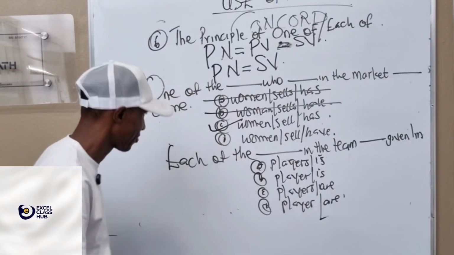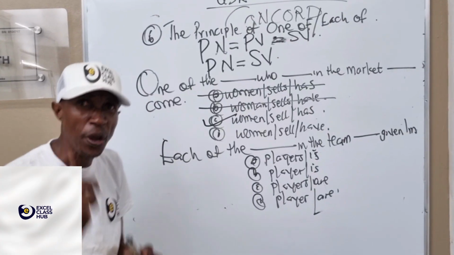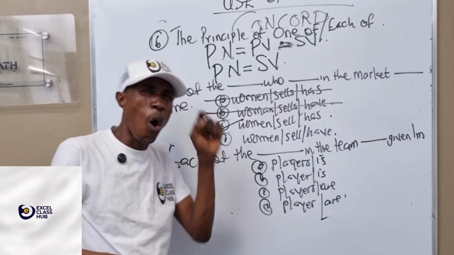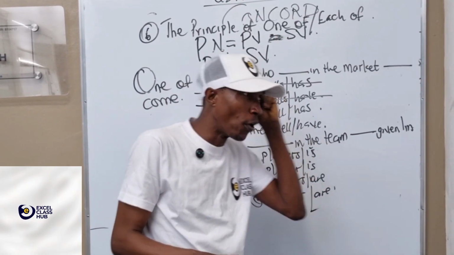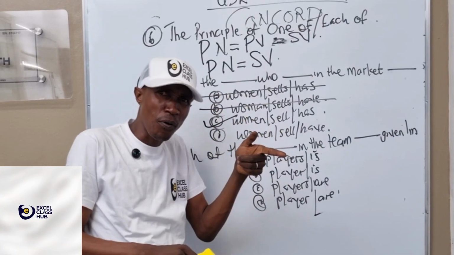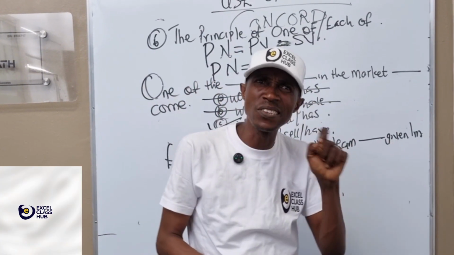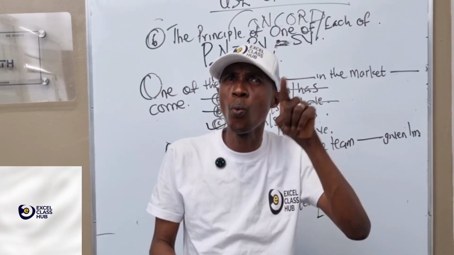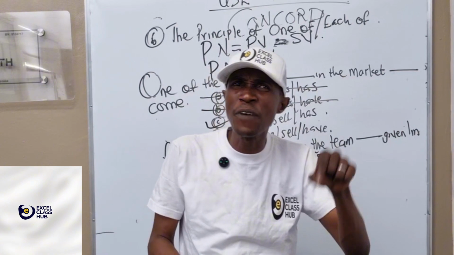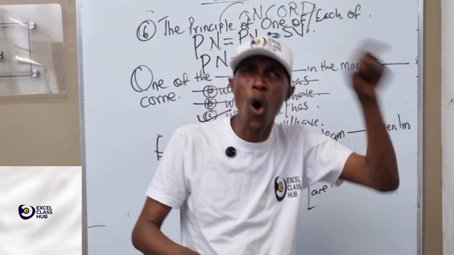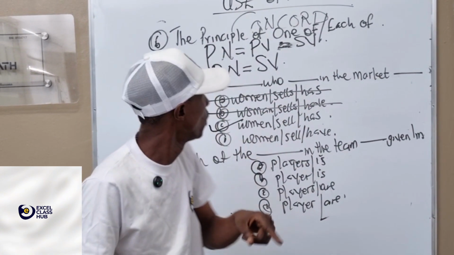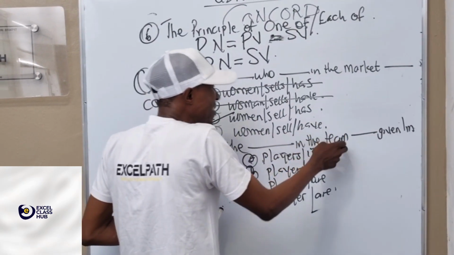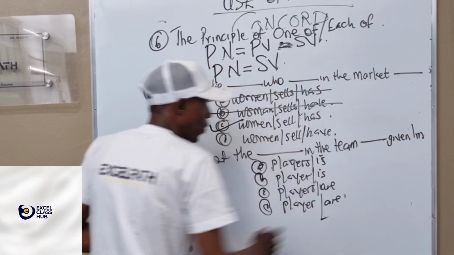Now look up. Don't forget, the one we considered as principle 4 or 5, we said each or one. But this one is each of or one of. Please take note, they are not the same. The principle guiding one or each is different from the principle guiding one of and each of. So look at this second question now. Each of the dash in the team dash giving 1 million naira.